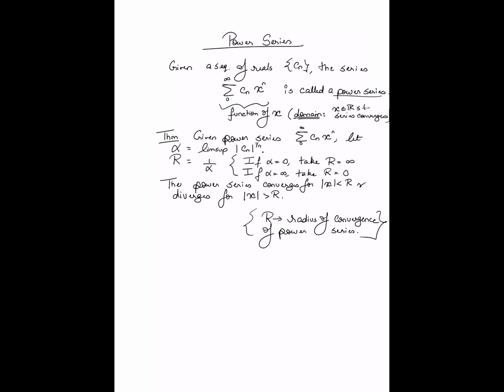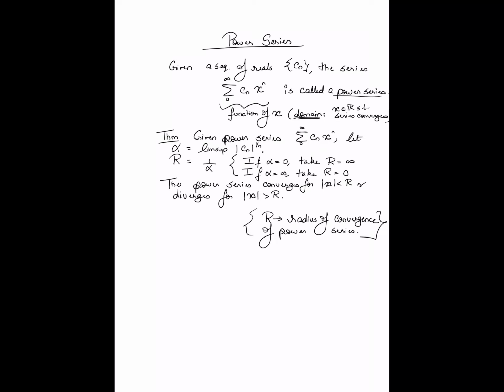So this theorem essentially tells you what is the domain of any arbitrary power series. If you give me any power series, summation Cn x raised to n, associated with that power series is a number R. R could be a non-negative real or it could be plus infinity.